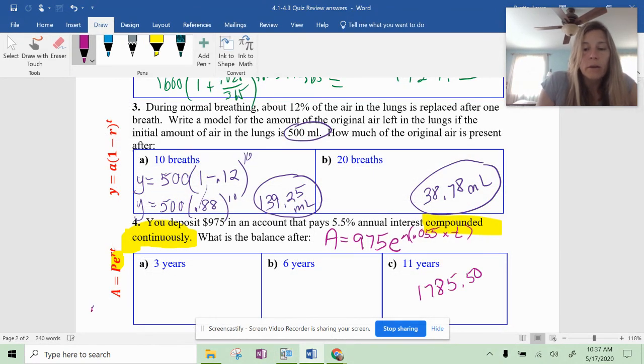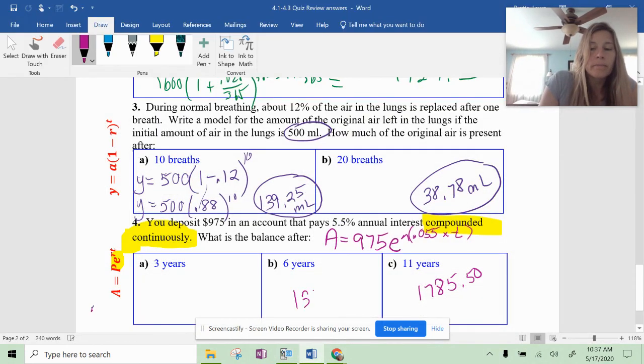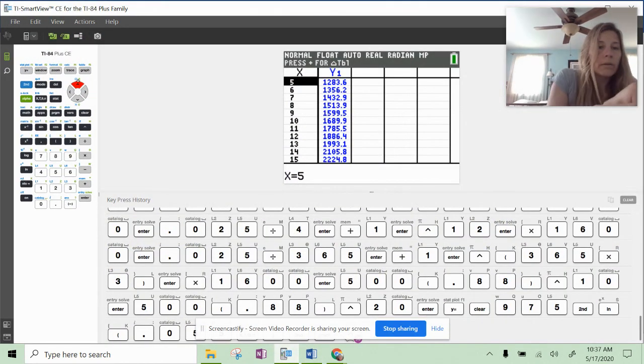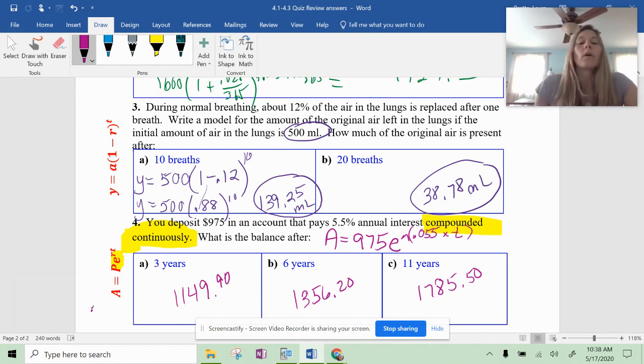Then if I go to 6, it's 1356.20. And then if I go down to 3, it's 1149.90. Now if you worked it out individually, your answers might be slightly different, like 0.91, 0.19, 0.47. That's fine. Again, the choices on the quiz will be multiple choice, and I'm not going to put them off by a hundredth or anything like that. So it shouldn't be an issue.